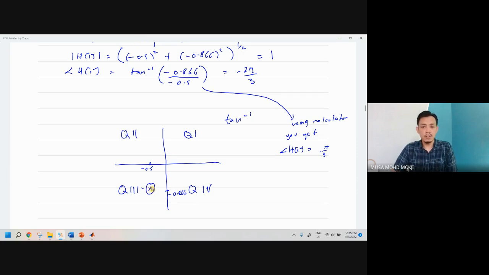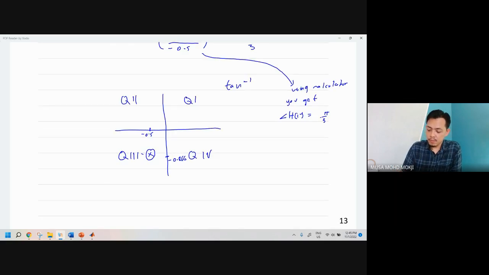This is in quadrant 3. This is not in quadrant 1 and not in quadrant 4. So in quadrant 3, whatever you have, which is pi over 3, you need to add pi. Okay? Because pi over 3 is not in quadrant 3. Pi over 3 is somewhere here.